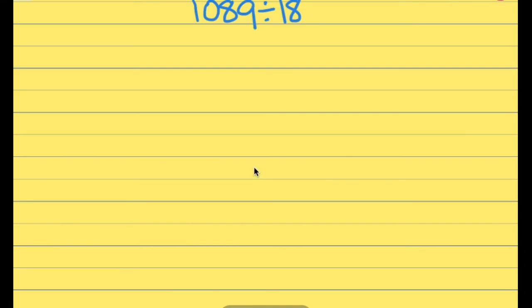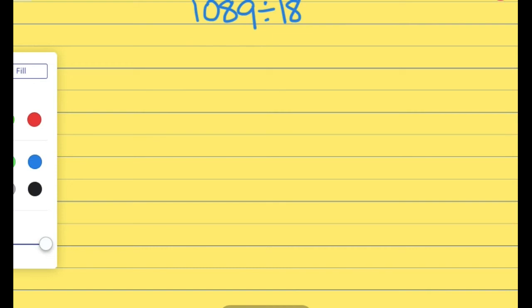Okay, let's go! Today we're going to divide 1,089 by 18. The first level, we must make sure that we estimate.